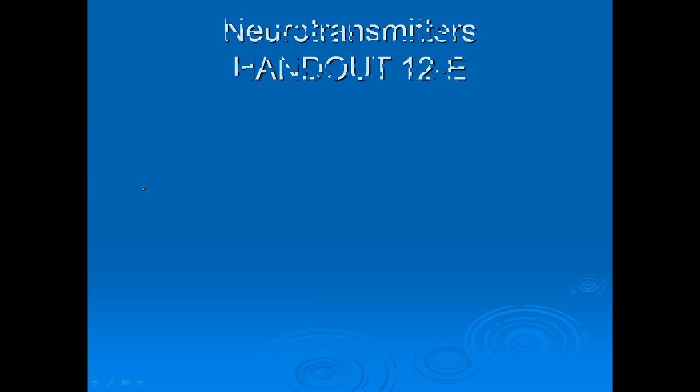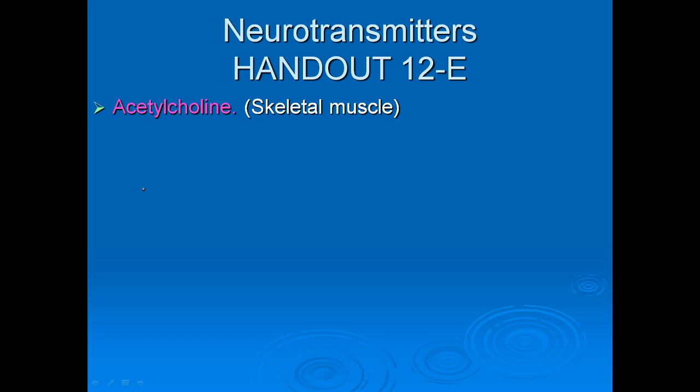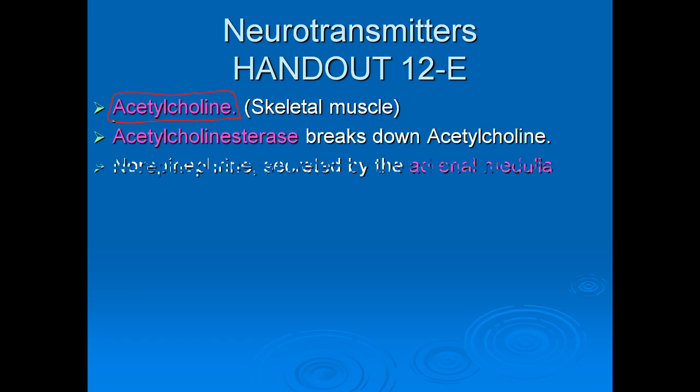Okay. So what I want to do is talk about these different neurotransmitters. Now, we have thousands of neurotransmitters, all right? Acetylcholine was the one that we talked about at our skeletal muscle. So it's going to cause our skeletal muscles to receive that action potential so they can contract. But we have a bunch of other neurotransmitters.